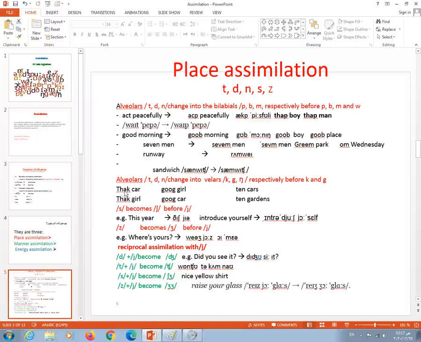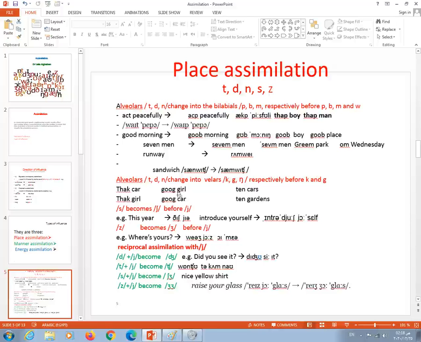When they say the car instead of that car, no, the car. Okay, the girl. So T before ك or ج turns into ك. So you say the car, the girl, the car.